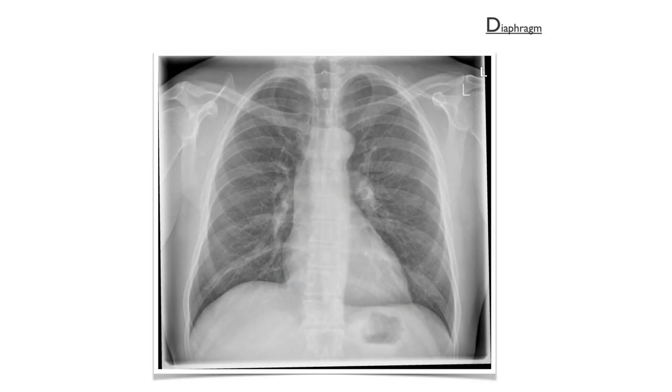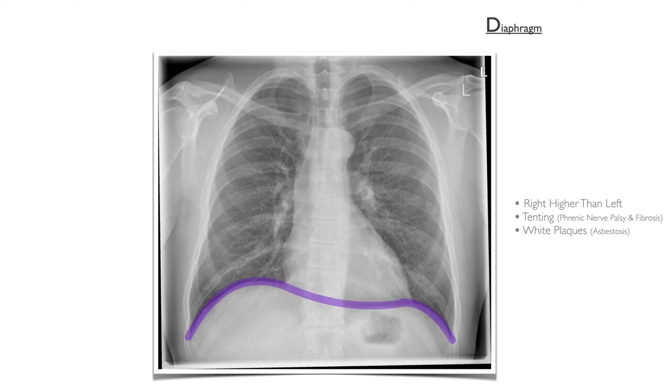Diaphragm. In the normal radiograph, the right hemidiaphragm is superior to the left because it is displaced upward by the liver. You should look for tenting of the diaphragm caused by phrenic nerve palsy or fibrosis. Look for white plaques on the surface of the diaphragm suggestive of asbestosis. Assess both costophrenic angles.